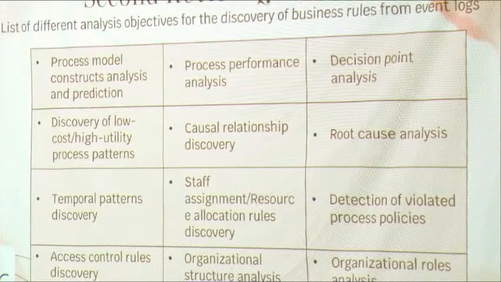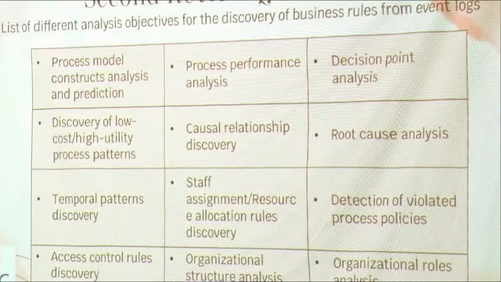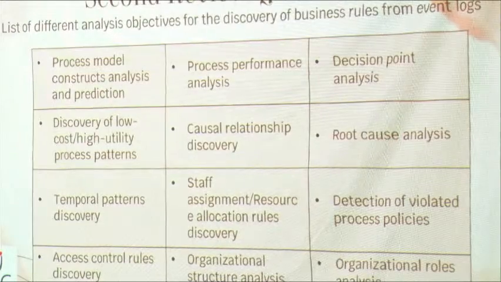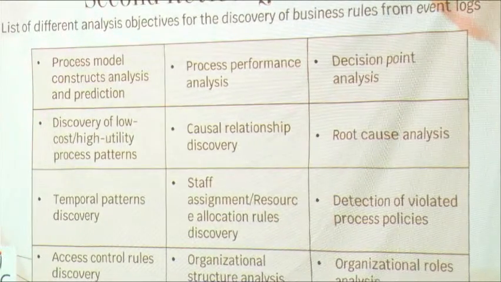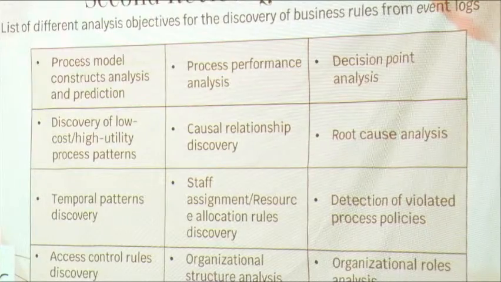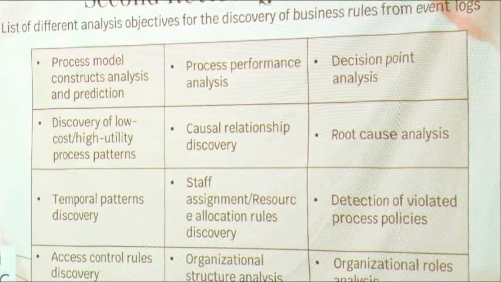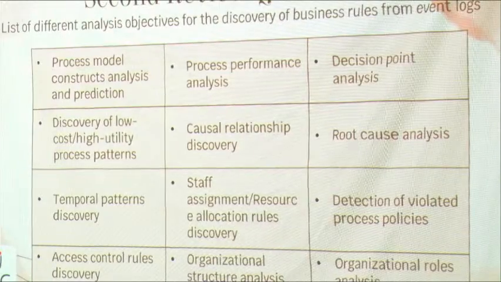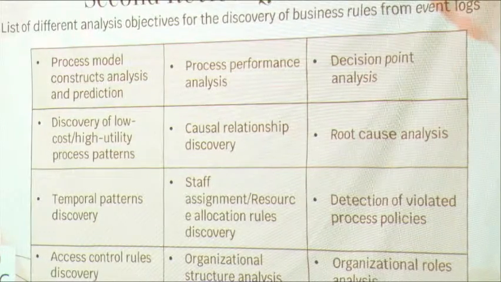Okay, so for example, if you imagine a process in which you have to take a decision at some point, for example, giving a loan to a customer or not giving a loan. This is a decision that is taken in the process. So I go inside the event log data and I analyze through decision trees when this happens and when that happens.